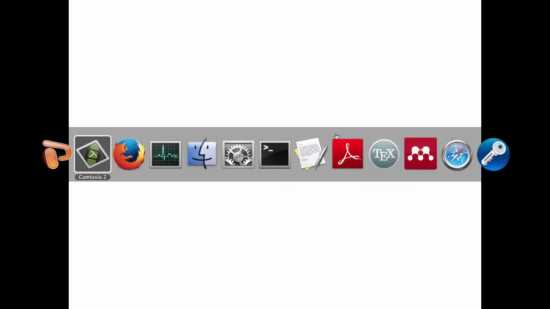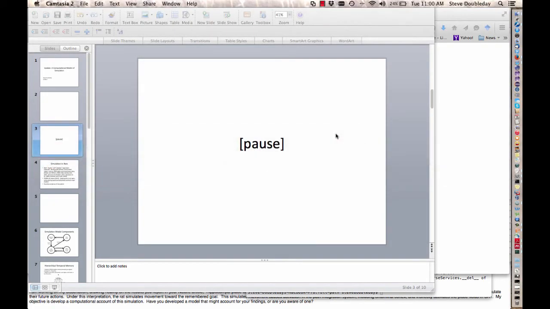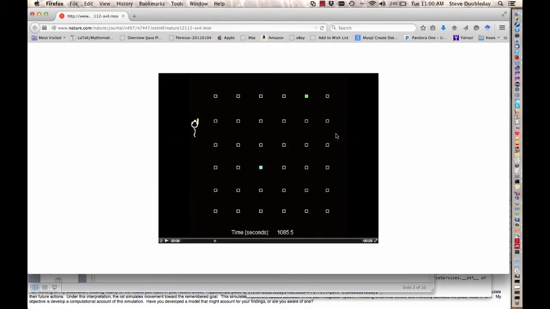Let's take a look at what that might look like. Let's do a demo of a rat in this arena. So to orient you, first off, this is an open arena, about 2 meters on a side. There are 6 wells in both directions, each of which can have a reward in it.